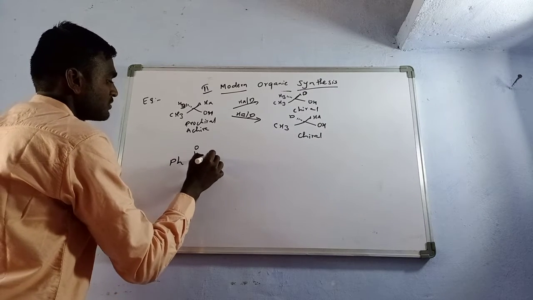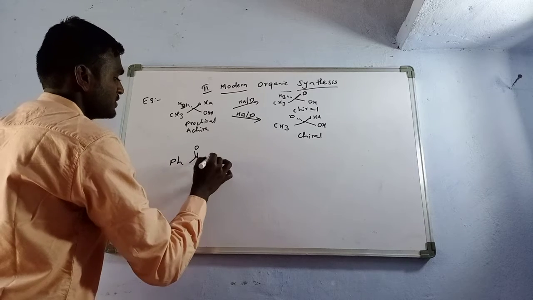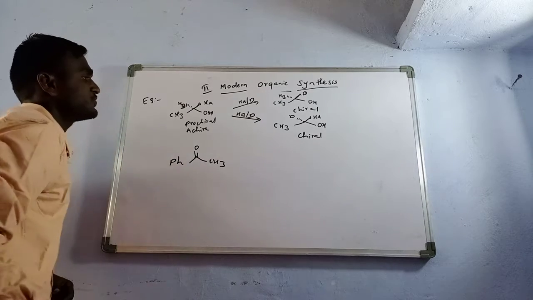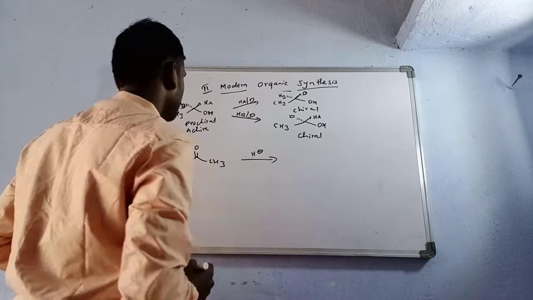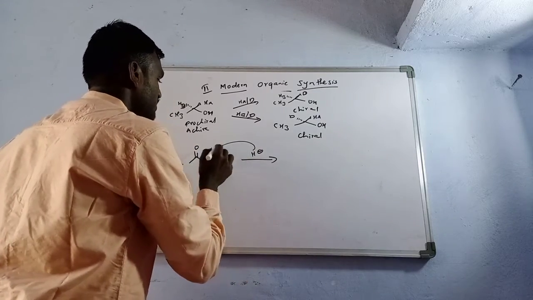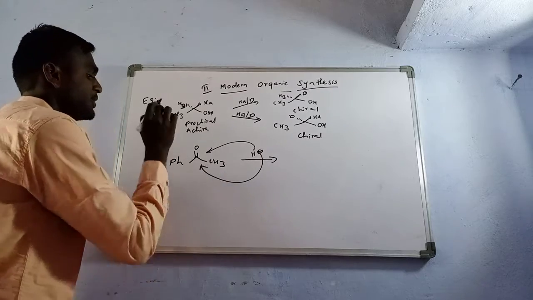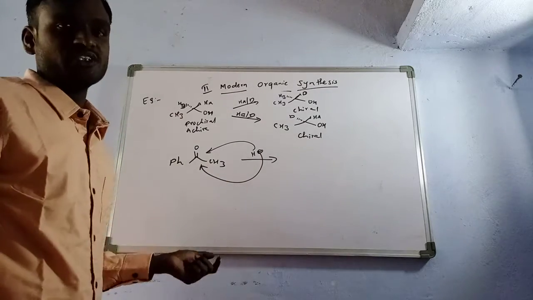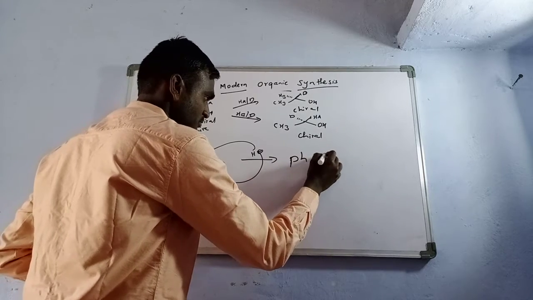Acetophenone, right? This is acetophenone. By the action of the hydride ion, that means a nucleophile will attack this acetophenone. There are two chances: it will attack on the front side or on the back side, so there is a 50-50 chance.